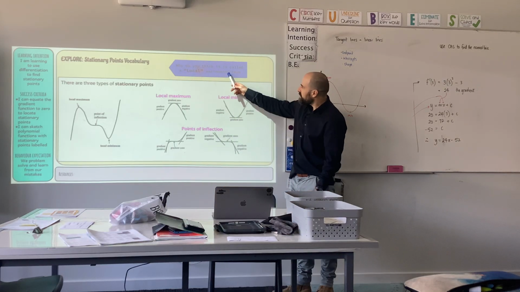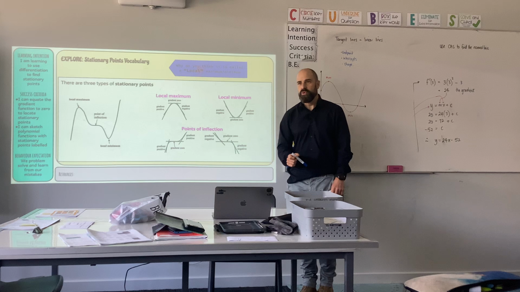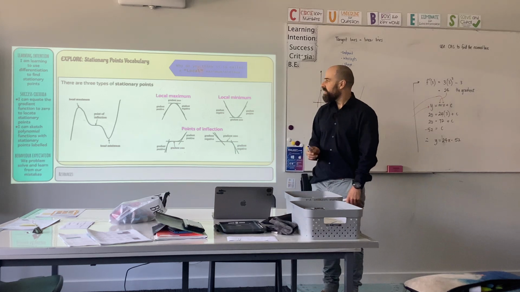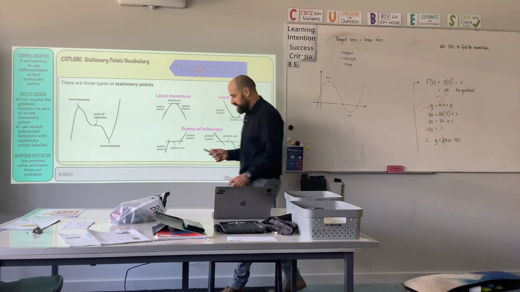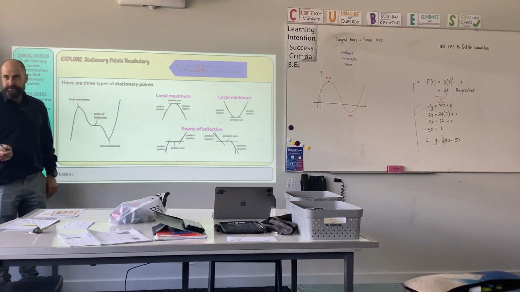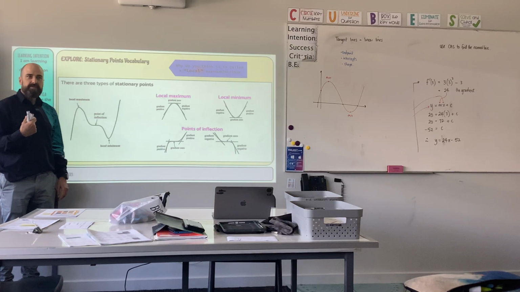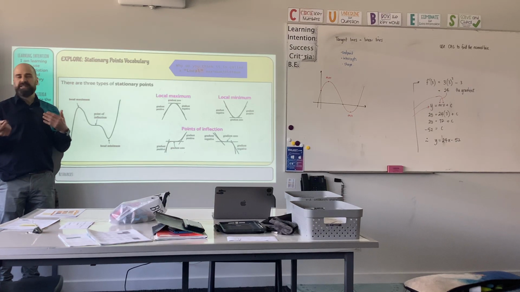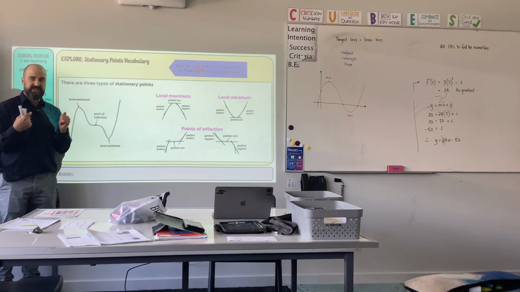Can anyone tell me why they think it's called a local maximum or a local minimum? Because that's just what's in the limitation. Like what you'll see. Keep talking. In the window of the graph. The portion of the graph that you're seeing. Yeah. When we say it's a local maximum or a local minimum, it's because it's relevant to which part of the graph we're actually looking at.